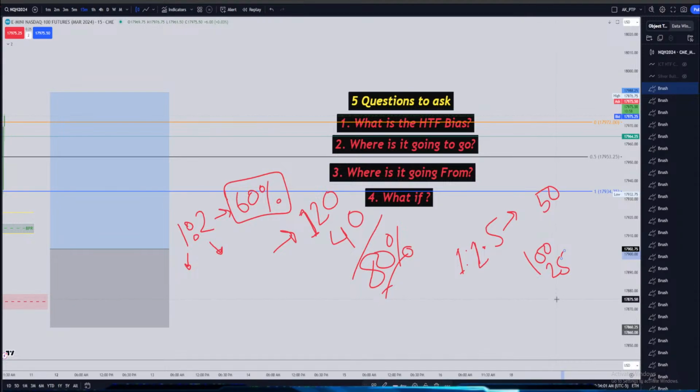But how many trades am I losing now? 50 trades. So 125 minus 50 is 75. So my win rate is decreasing by 10% and my overall profit is decreasing by 5%. So that's why it's not worth it for me.